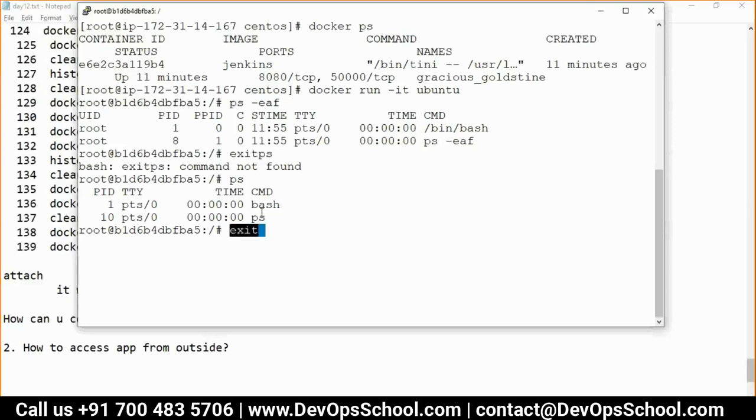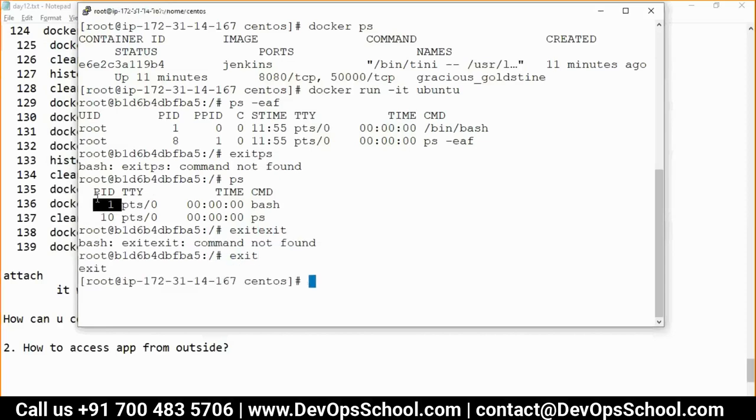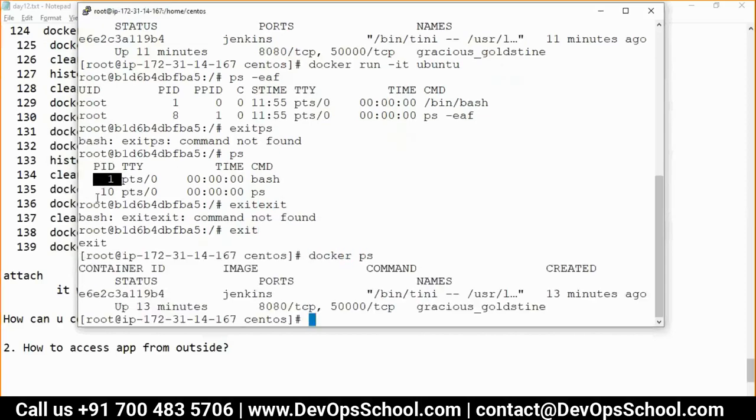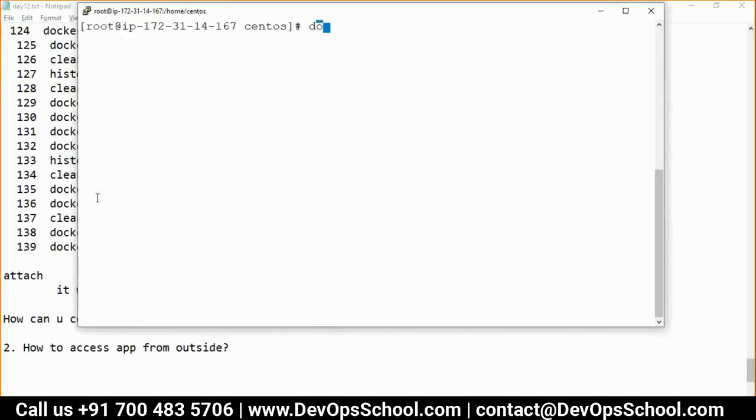If you exit, this bash will get killed, because the exit is understood by bash. PID1 gets killed, and the container will exit. Let me do that, and you see here, gone. When you see docker ps.